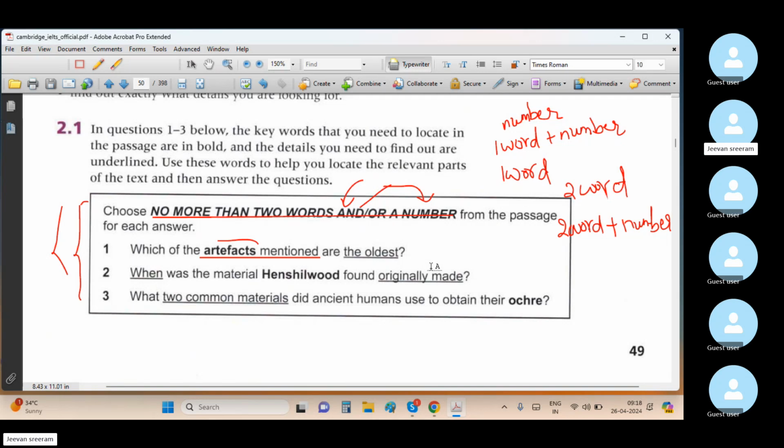There are artifacts mentioned in the first paragraph, but you have to check which is actually oldest. What's the answer? Bone tools and archery.